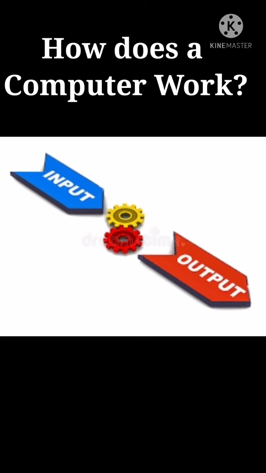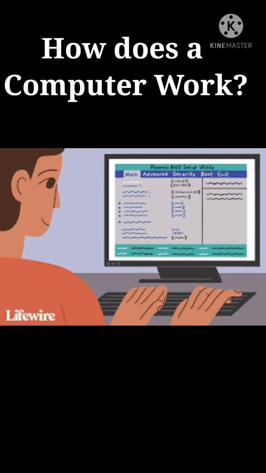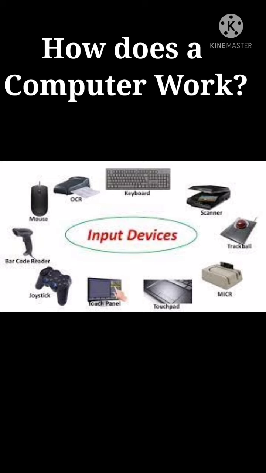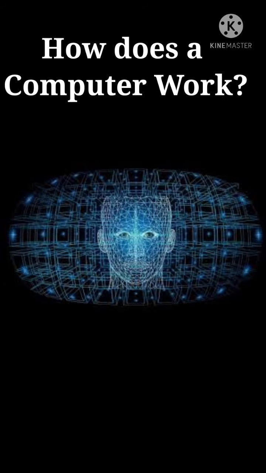It does a lot of useful things for us. For example, play games, listen to music, do calculations, draw pictures, write letters, store letters and drawings, and do a lot of things very fast.